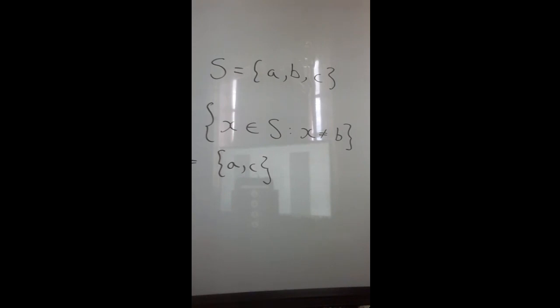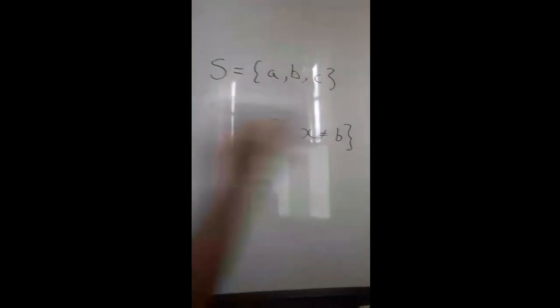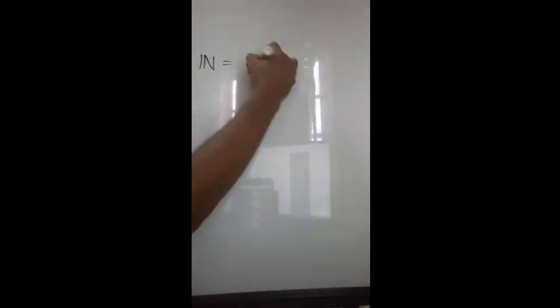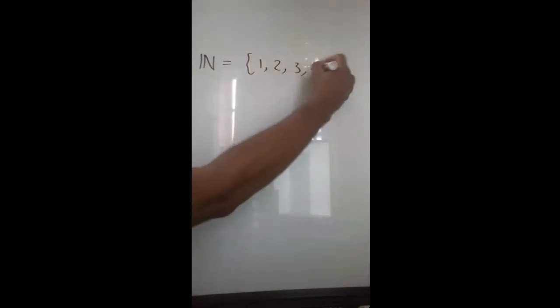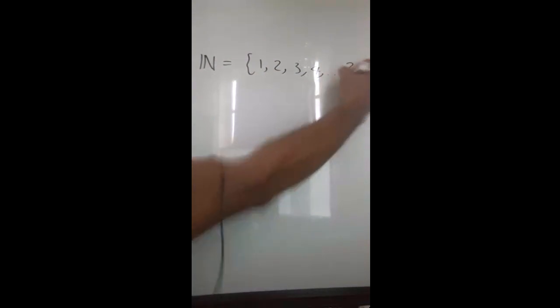Where was I? Oh, all the sets that we're going to be using. You're going to see them used interchangeably, and you should know them right away. So let me remind you guys of that. First one is the natural numbers, which is 1, 2, 3, 4, and so on.